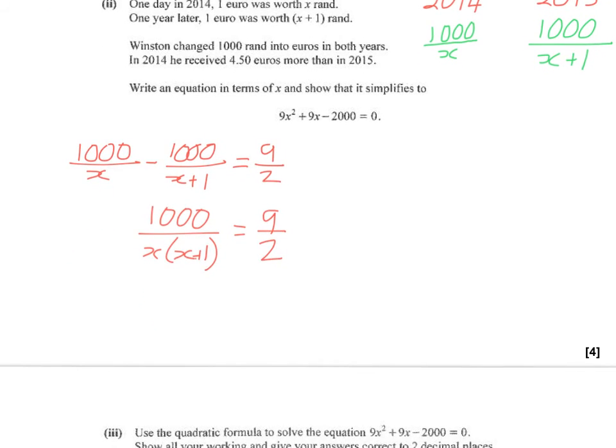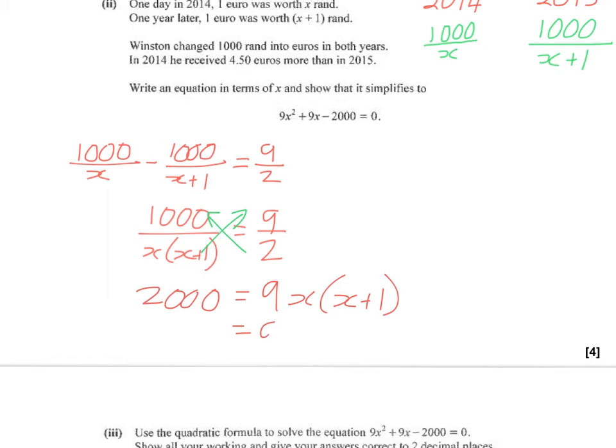Now, what can I do with that? I've got to try and arrange it so it looks something like this. So essentially I don't want any denominators, so I'm going to sort of cross multiply up. I'm going to put them up to there and that up to there, so I know that 2,000 is going to be 9 lots of x plus 1. This is looking good. It's starting to look a lot like what I've got there.